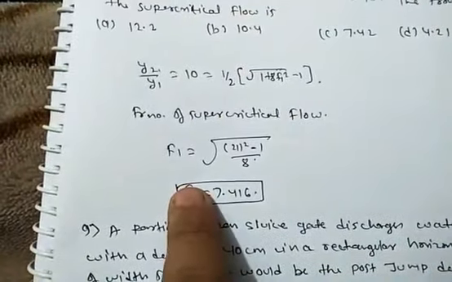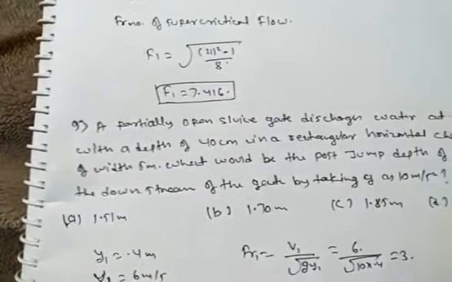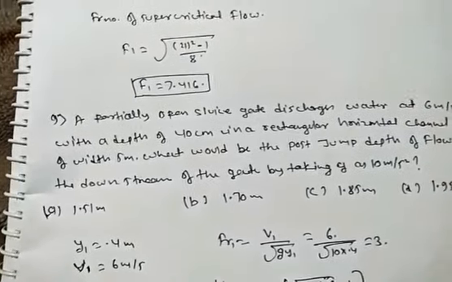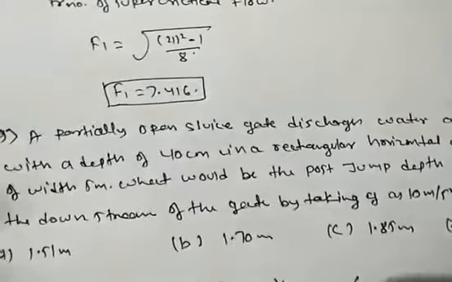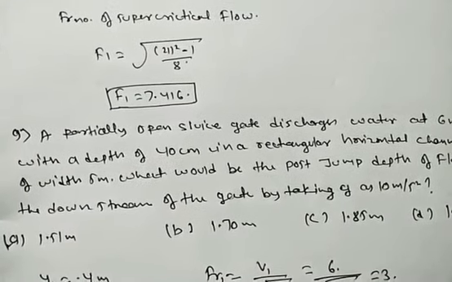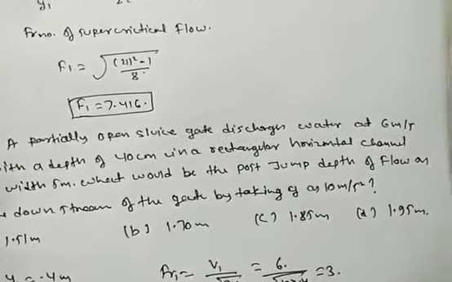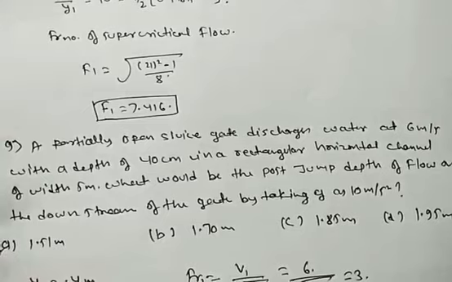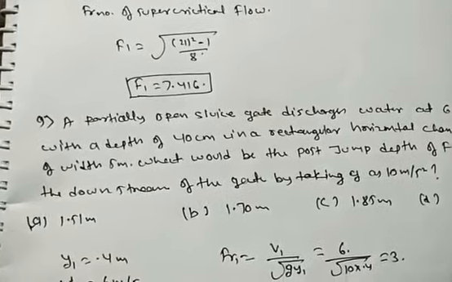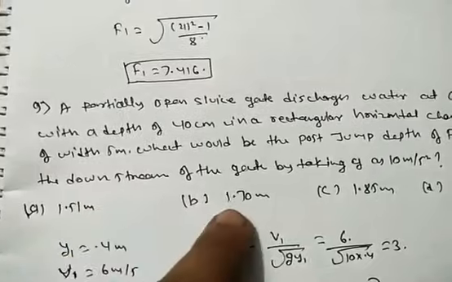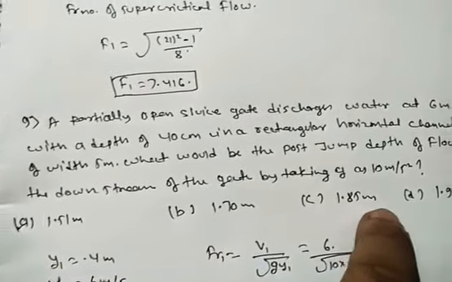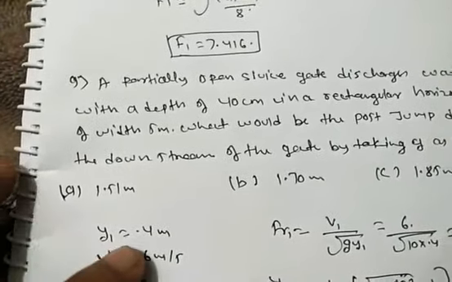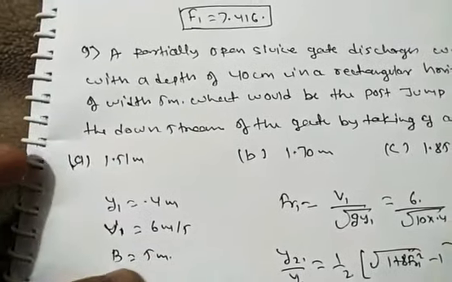Option C is correct. A partially open sluice gate discharges water of 6 meter cube per second with a depth of 40 cm in a rectangular horizontal channel of width 5 meter. What would be the post jump depth of flow downstream of the gate, taking g as 10 meter per second square? Option A 1.51, B 1.70, C 1.85 meter, and D 1.95 meter. Y1 is 0.4 meter, Q 6 meter cube per second, B 5 meter.